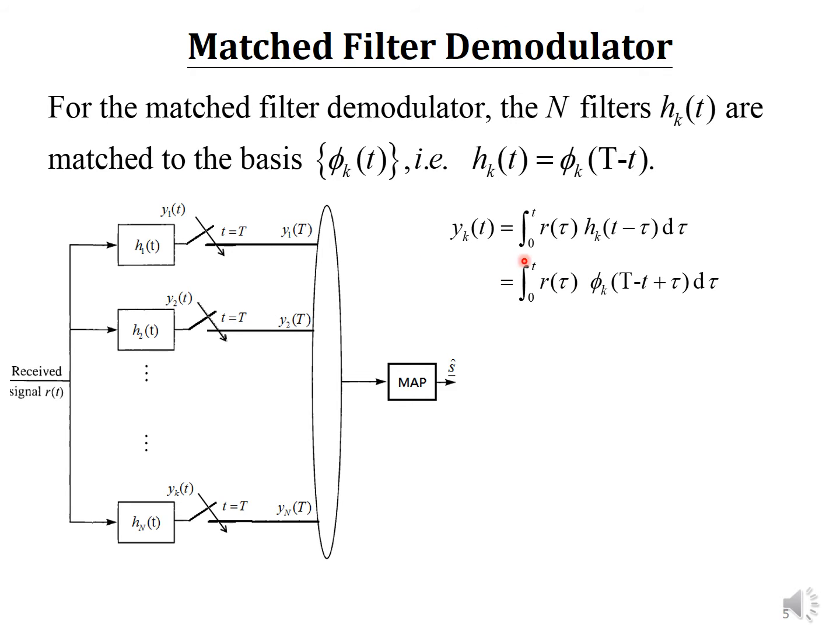Let's look at each matched filter output, y_k(t). It is r convolved with h_k, and because h_k is the matched filter to phi_k, h_k(t minus tau) becomes phi_k(T minus t plus tau). That's the matched filter output.